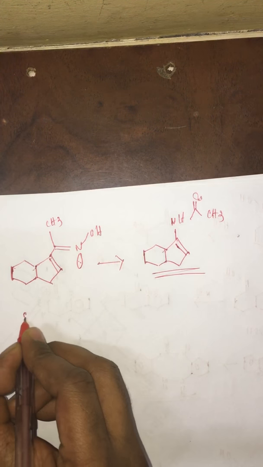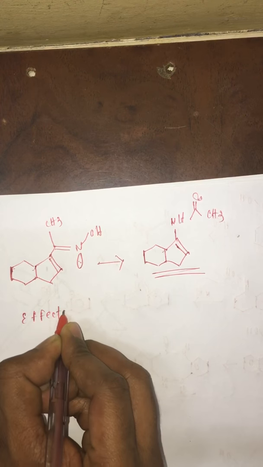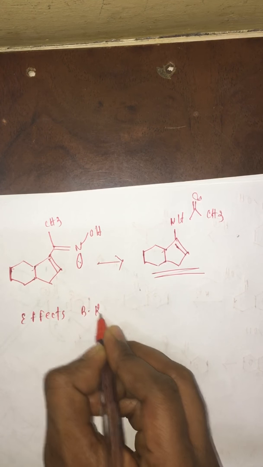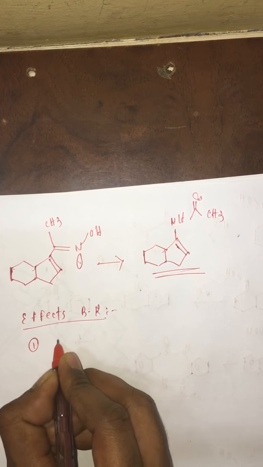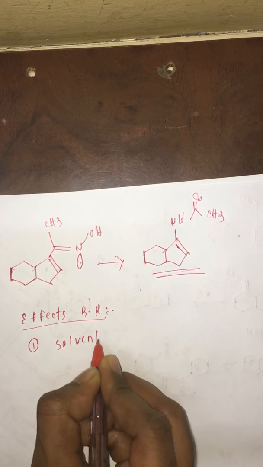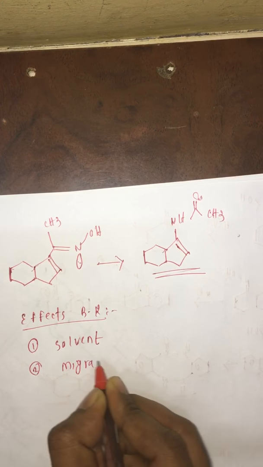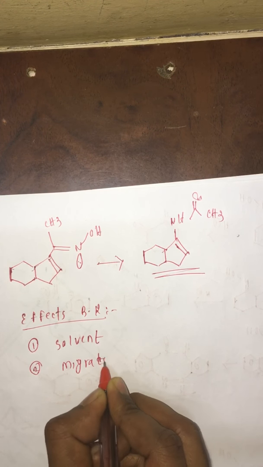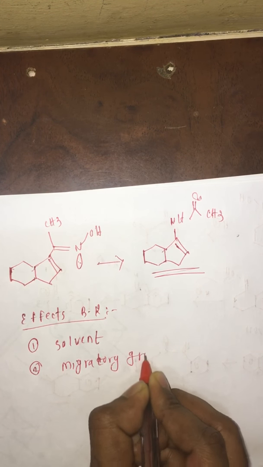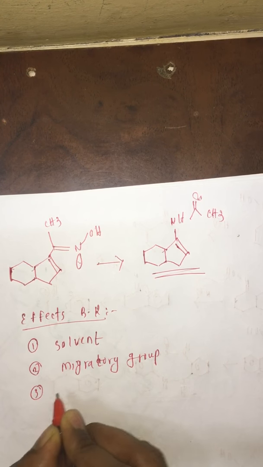And there are some effects in the case of Beckmann's rearrangement. First one is solvent effect. It's very, very important. Second one is migratory group effect. Third one is leaving group effect.